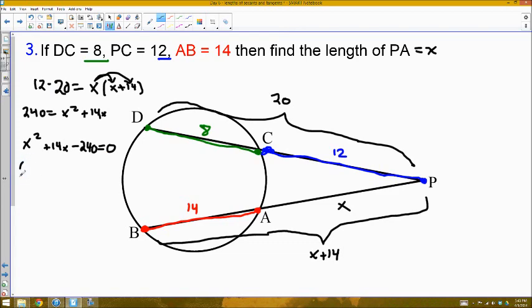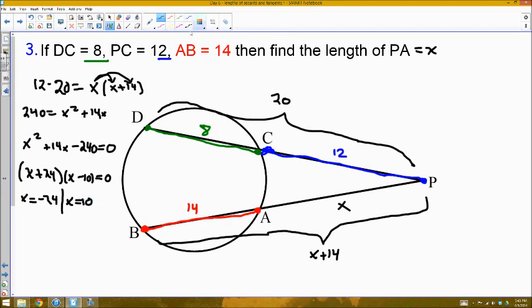And now I'll factor and use the zero product property. I get X plus 24 times X minus 10 equals 0, meaning that one of those two factors must be 0. So X plus 24 is 0 when X is negative 24. And X minus 10 is 0 when X is equal to 10.